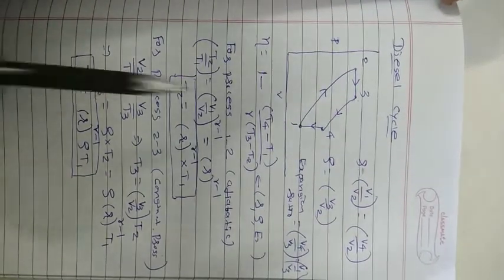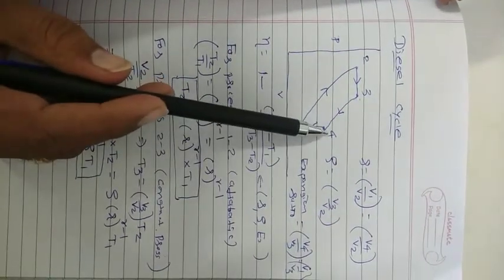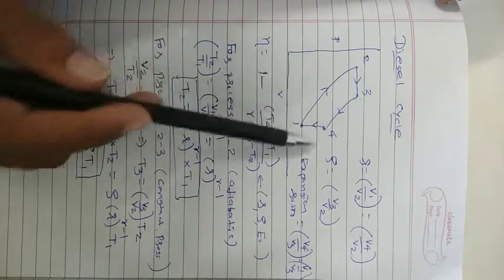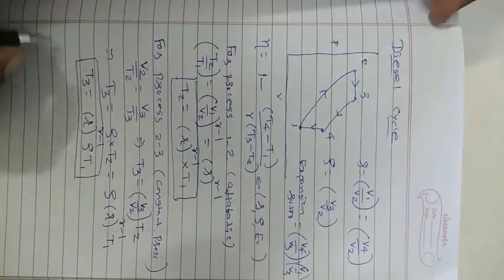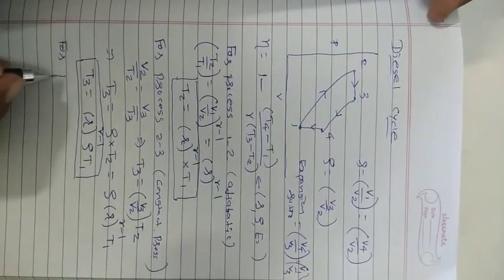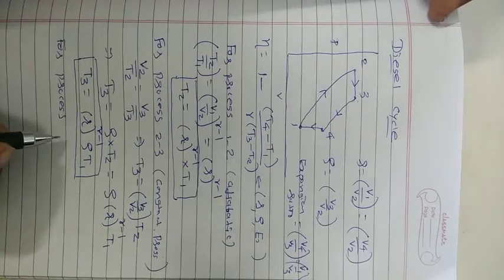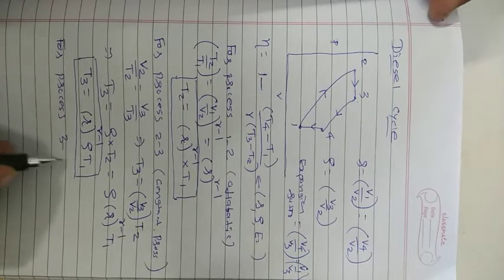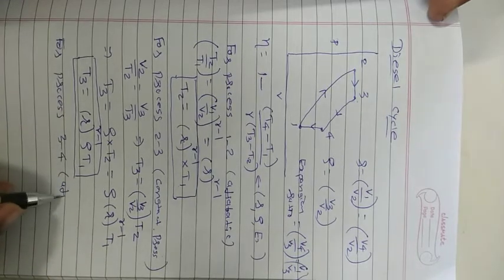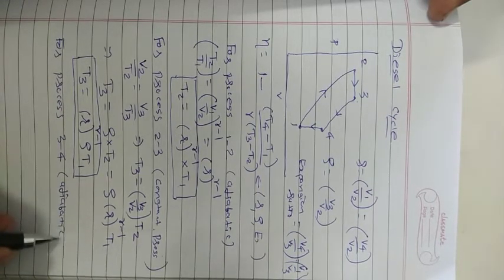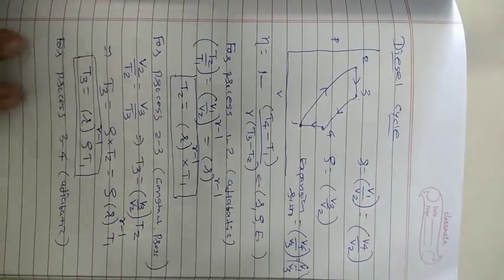Now we all know that this process is which type of process? Adiabatic. So for process 3 to 4, that is basically adiabatic, what can we write?